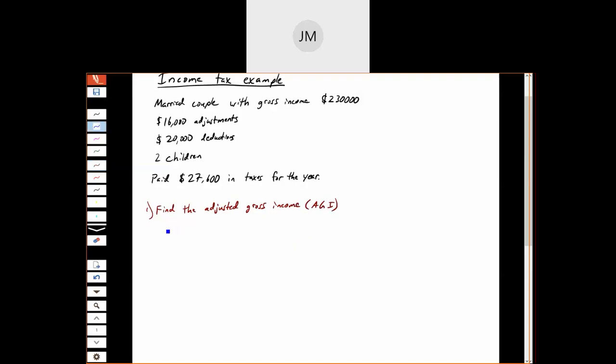The adjusted gross income is the gross income minus the adjustments. Their gross income is $230,000, and we take away the $16,000 in adjustments. So we get $214,000.